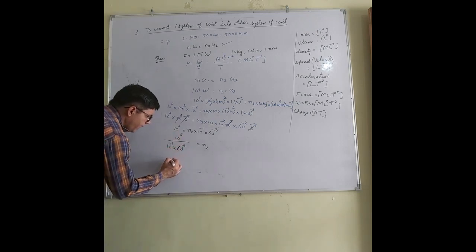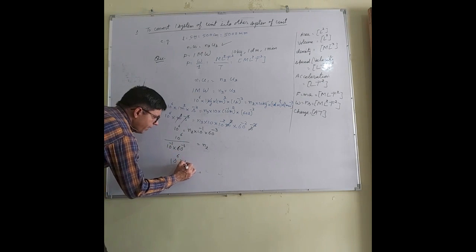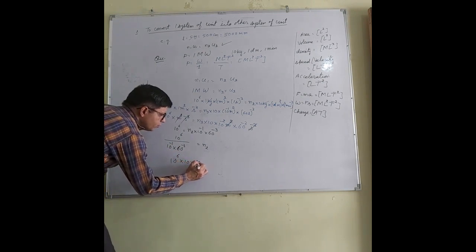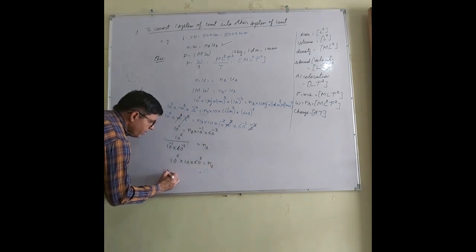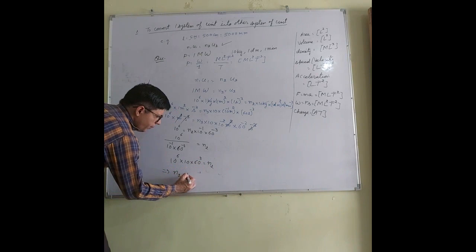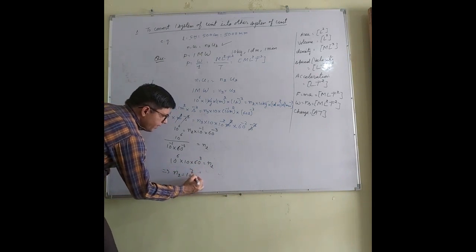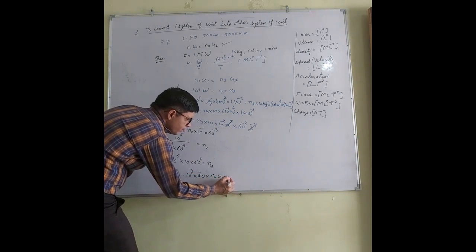Their powers would be added. 10 to the power 6 multiplied by 10 multiplied by 60 to the power 3 and 2. So from here N2 equals 10 to the power 7 and 60 cube, 60 60 60.